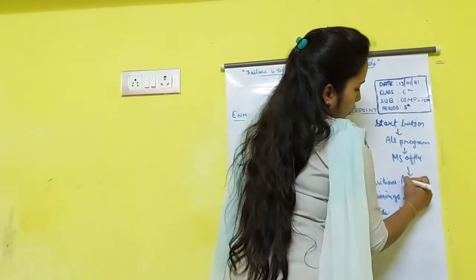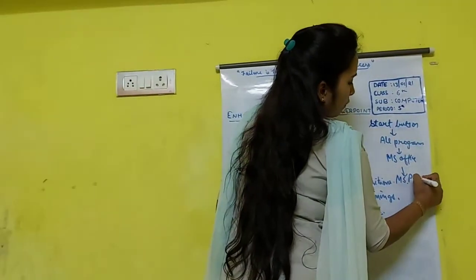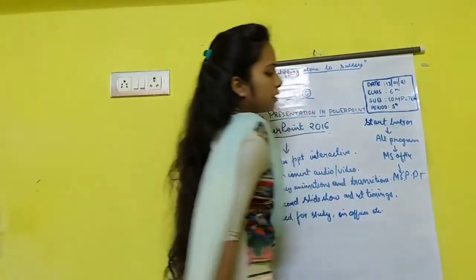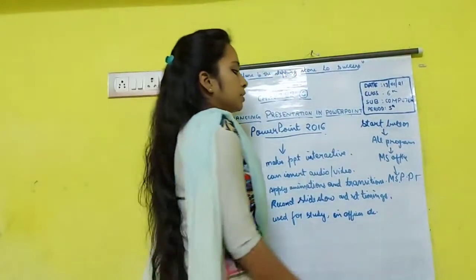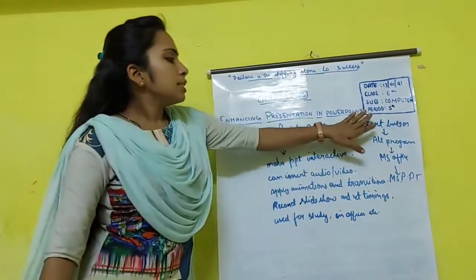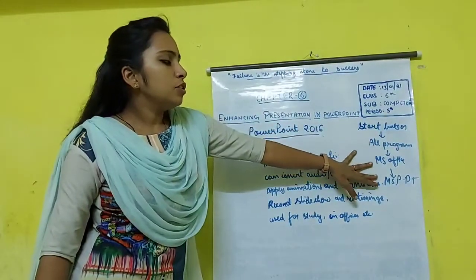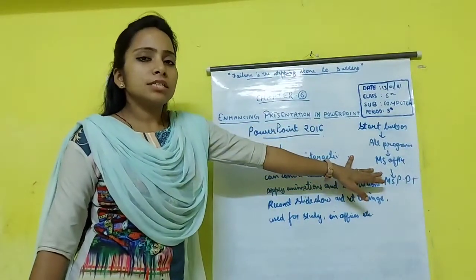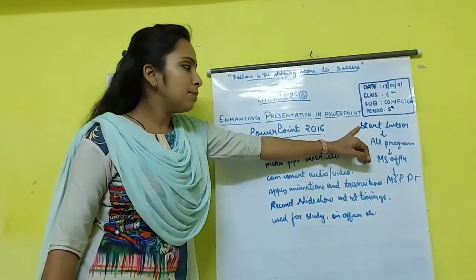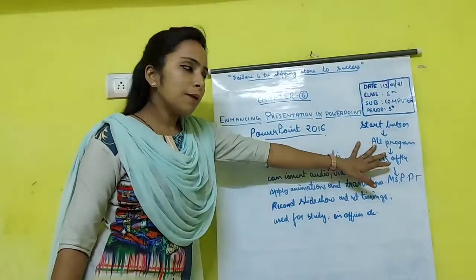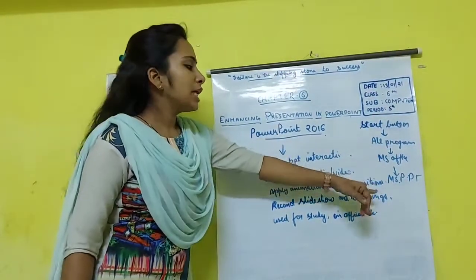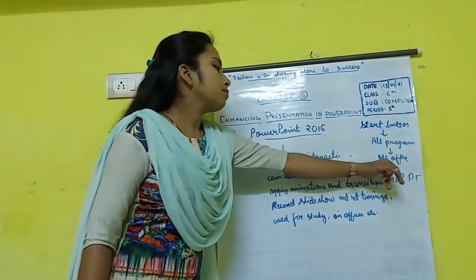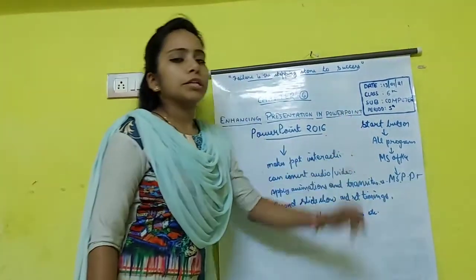In MS Office, you go to MS PowerPoint. So this is the way you can start your MS PowerPoint slideshow. First the Start button, then All Programs, then MS Office, and then you start Microsoft PowerPoint.